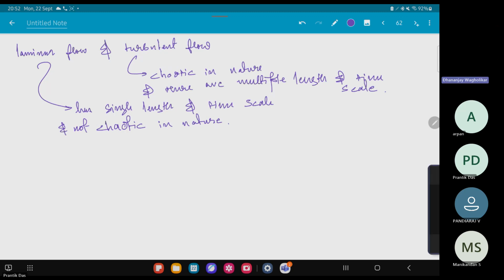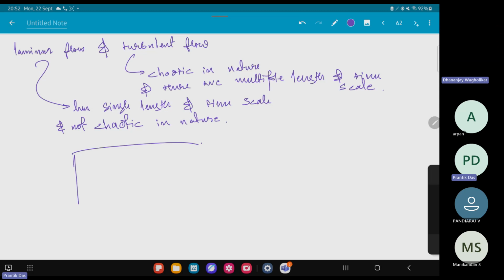We perhaps try to fit it in certain boundary conditions or initial conditions, and with some approximation we predict the performance. That's not the case itself. Even with a simplified boundary condition, the flow itself will be chaotic in nature.